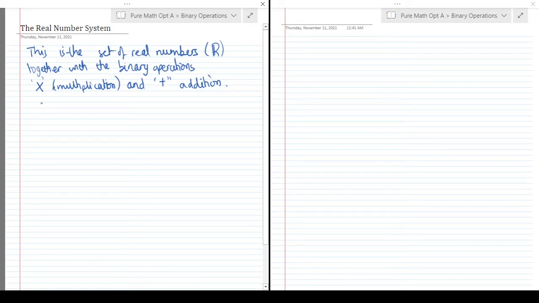Now, in terms of the real numbers, you probably met this already, but there are different number sets, right? So for example, the most basic number set is the one that you use to do your counting with. So the counting numbers are called, the correct name is actually, the natural numbers.